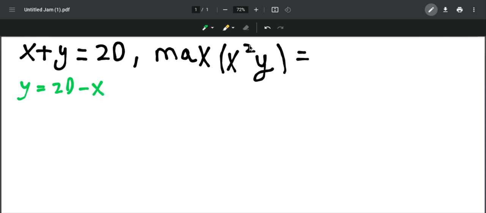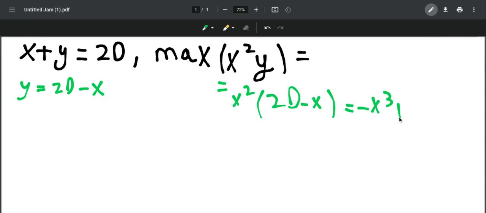Then I can substitute this y expression back in, so this would be x squared times 20 minus x. If we simplify this, we get negative x cubed plus 20x squared.